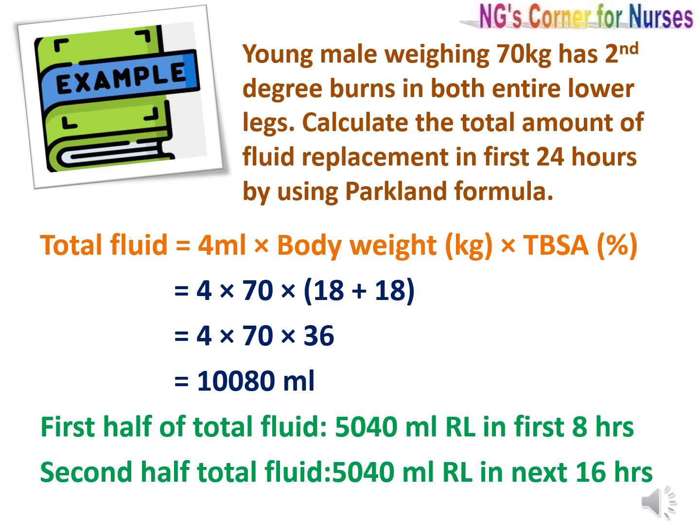Half of this 10,080 ml, that is 5,040 ml Ringer's lactate, should be administered in the first 8 hours and the remaining 5,040 ml Ringer's lactate should be administered in the next 16 hours.